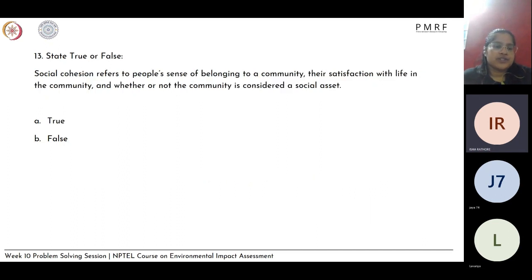So moving on to question 13, this is again a state true or false question. So social cohesion refers to people's sense of belonging to a community, their satisfaction with life in the community, and whether or not the community is considered a social asset. So is the statement true or false?